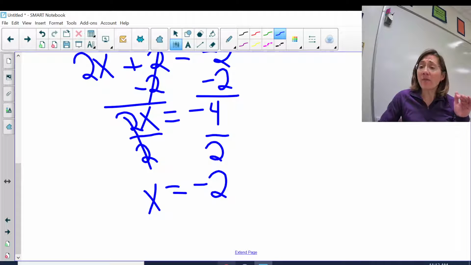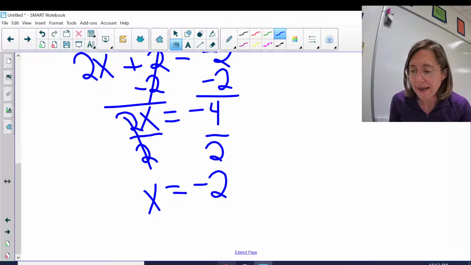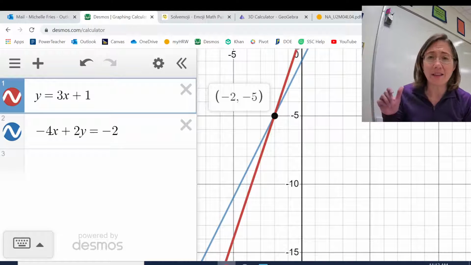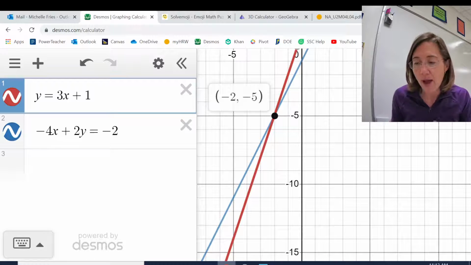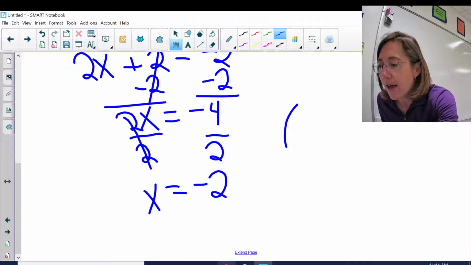So that's part of my solution. I want you to remember what we're going for here: if I pull up my graph again, remember we said that the solution to the system was that point, and a point is an ordered pair. It's an x and y together. So I am like halfway there right now because I have my x coordinate. It's -2.